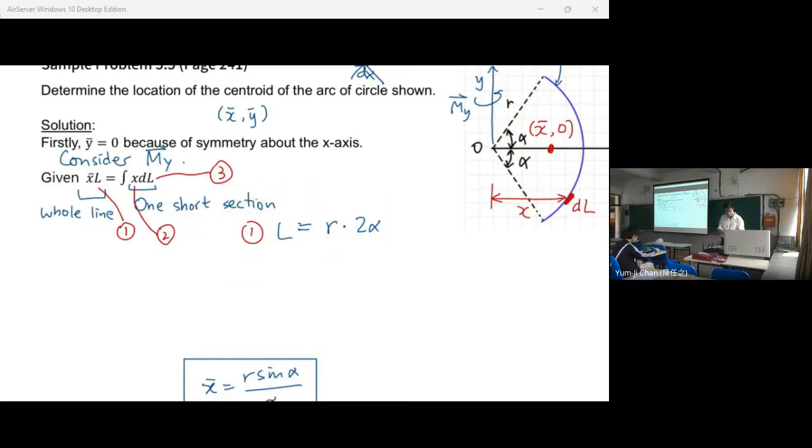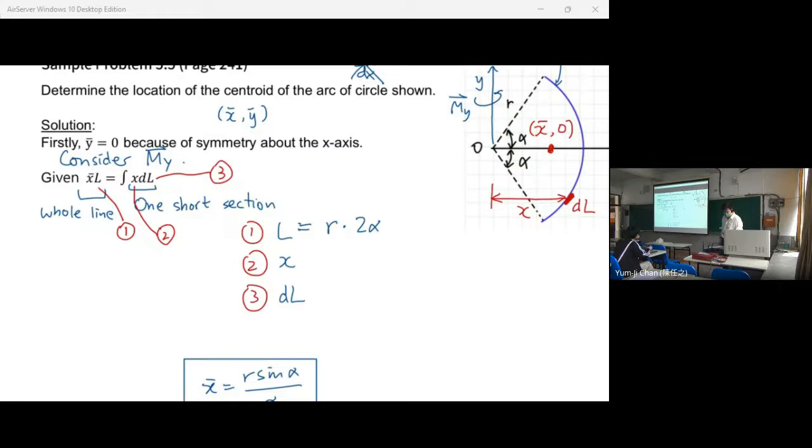The second part. How about x? X is a bit difficult, so let's take a look at part 3 first, the DL. For DL, how do we know the length of DL here?